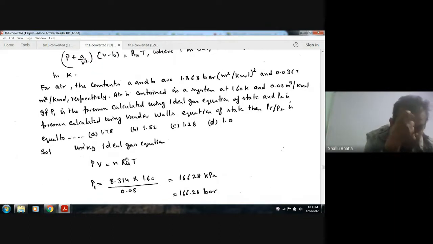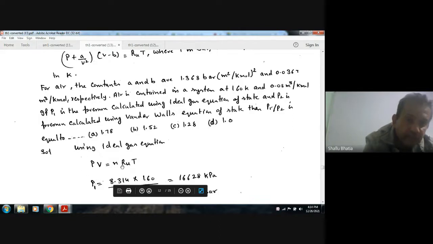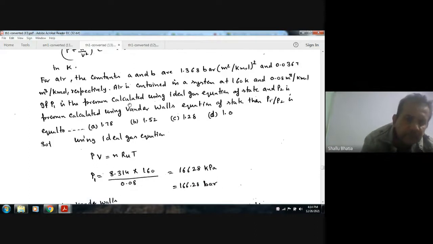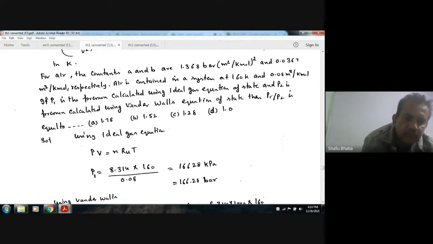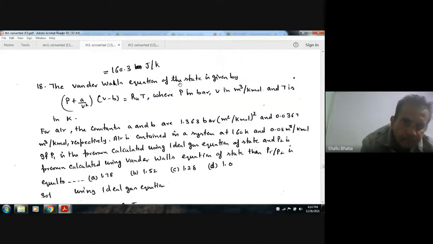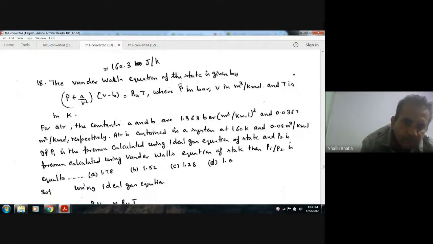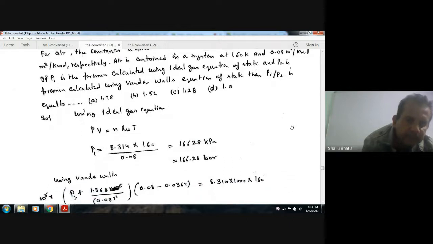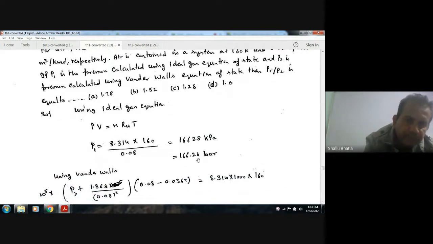So this is a simple question. First of all, using the ideal gas equation, PV is equal to nRuT. Here n we take as 1 mole, Ru as 8.314, T is 160 Kelvin and V is 0.08 meter cube, taking n as 1. So the pressure is 166.82 bar.